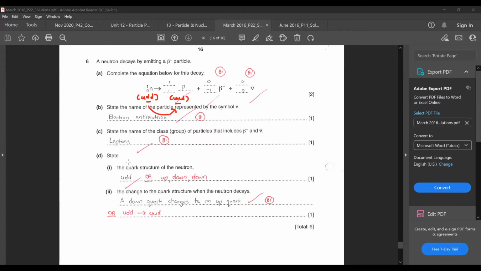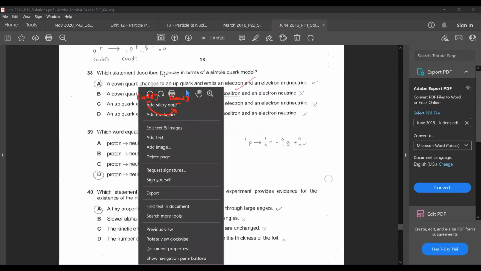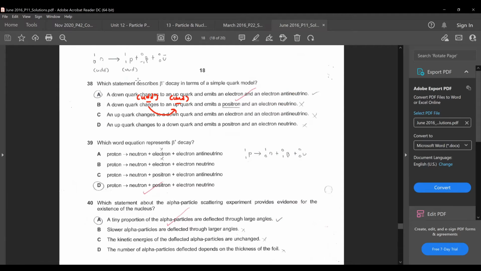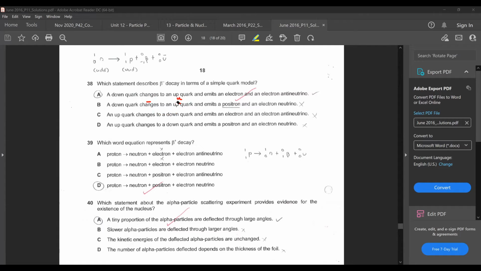So you can see a down quark changes to an up quark and it emits an electron and an electron anti-neutrino. The answer is just A. So again, if you memorize it, you can straight away get the answer.